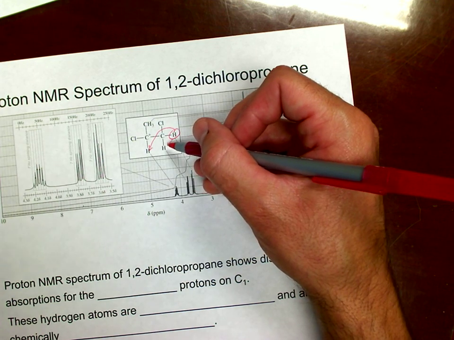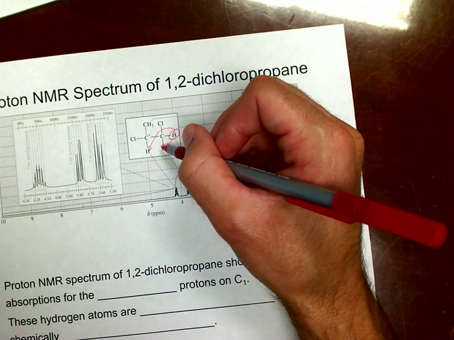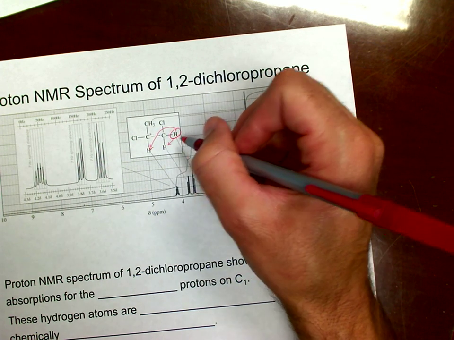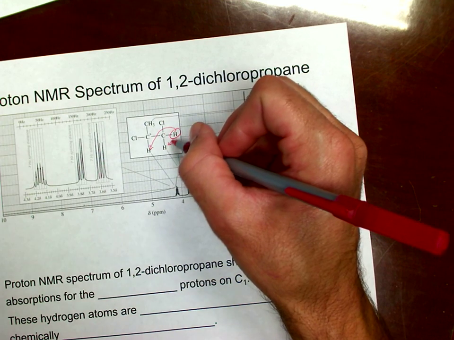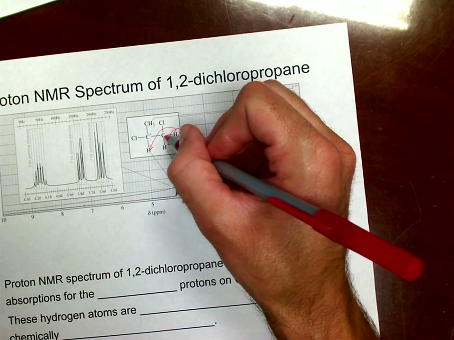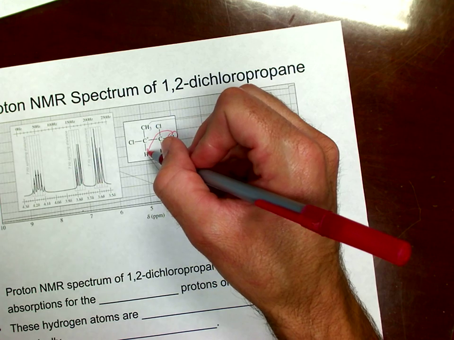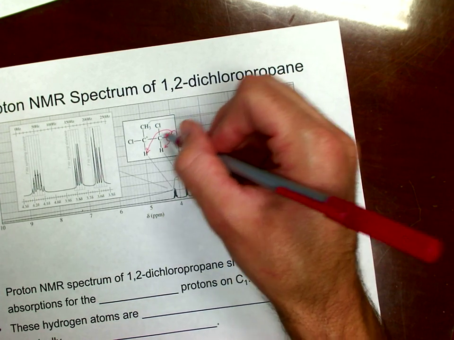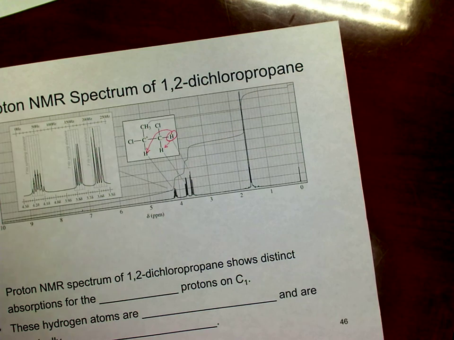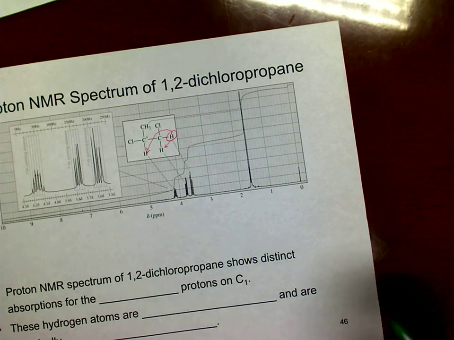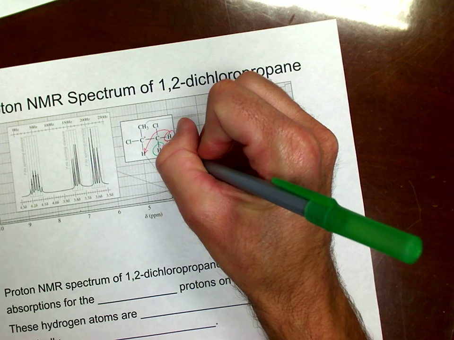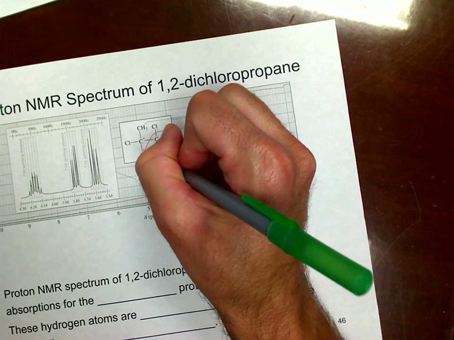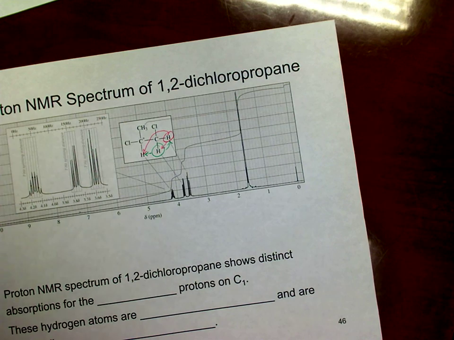When we were doing vinyl, it was a weak coupling, but when it's geminal alkyl, it's a very strong coupling. So this would be a strong coupling, 10 to 16 hertz, and then the 3-bond coupling would be somewhere in the 7-8 hertz range. Those 2 colors I did, I think it was these 2. Same thing for this proton. It's seeing that proton in a 2-bond coupling, and it's seeing that proton in a 3-bond coupling.